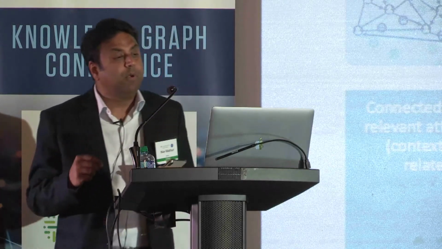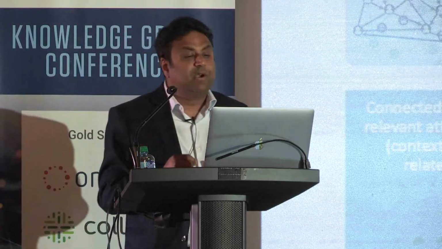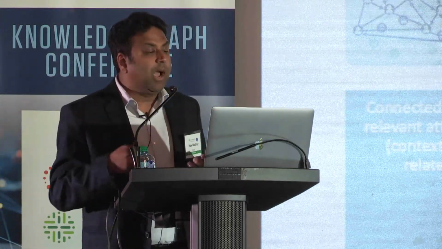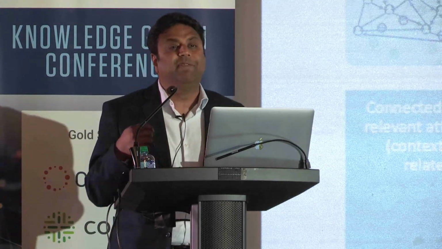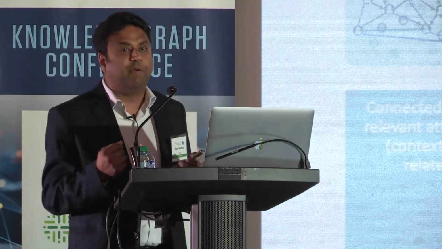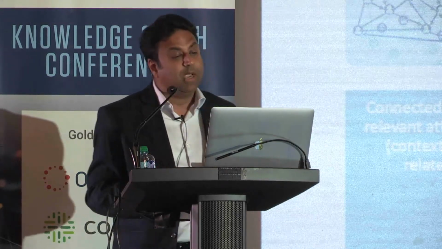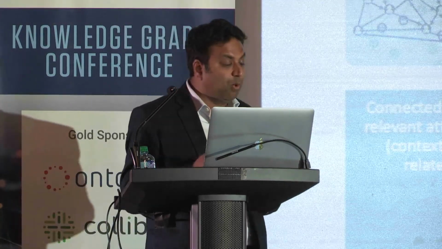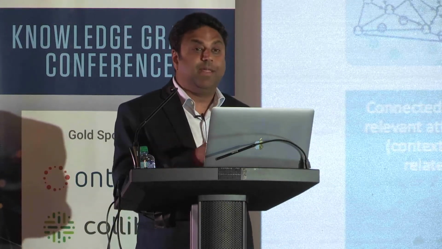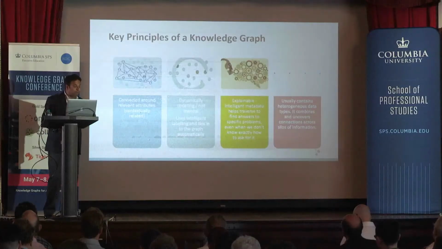So going into knowledge graphs a little bit more, I use this framework to help me evaluate whether something is a knowledge graph or not. These are what I call the key principles, the 4 pillars. The first one is about connecting the facts together in the right context, and a lot of people have talked about that.